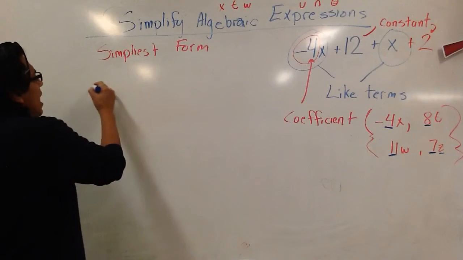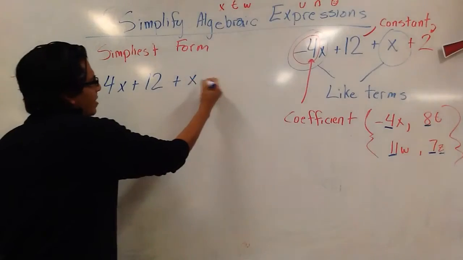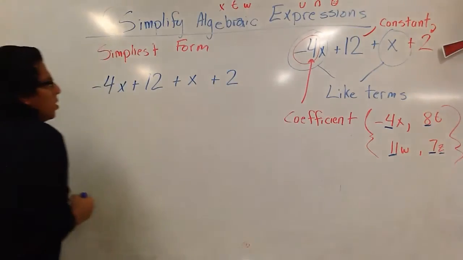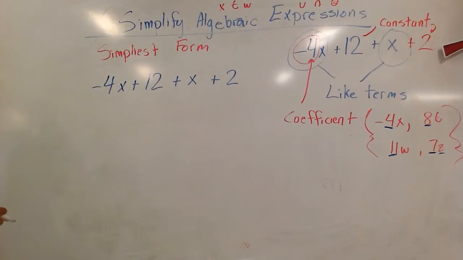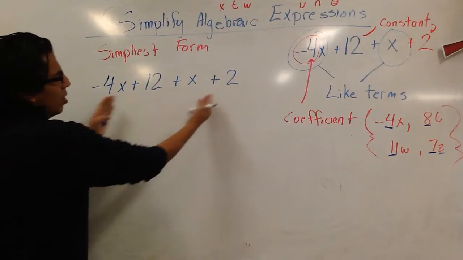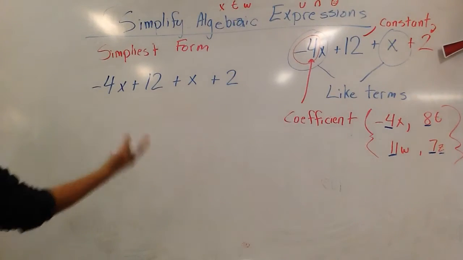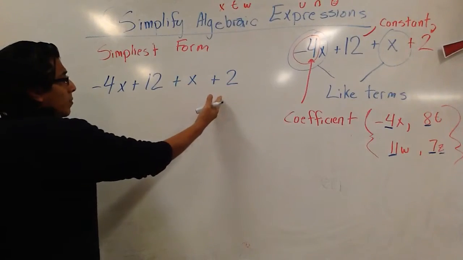So let's pretend we have -4x plus 12 plus x plus 2. Immediately you know it's not simplest form because why? All the x's aren't together. All the 12's aren't together. And in your homework it's going to ask you to identify parts of this expression.